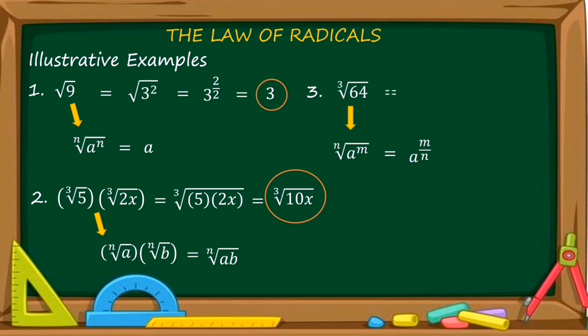Cube root of 64 can be written as the cube root of 2 raised to 6, because 64 in exponential form is 2 raised to 6. Then, it is 2 raised to 6 over 3. 6 over 3 is equal to 2. So, that is 2 raised to 2, and 2 squared is equal to 4.